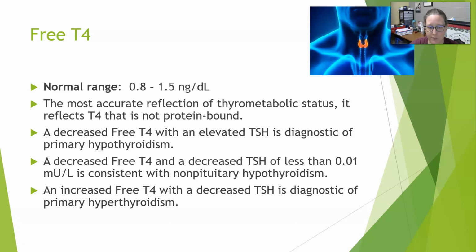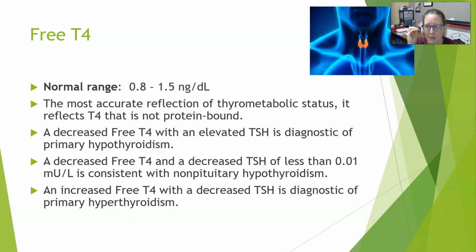A decreased free T4 and a decreased TSH of less than 0.01 milli international units per liter is consistent with what we call non-thyroid hypothyroidism, or sometimes secondary hypothyroidism. It means that because there's not any TSH being produced, maybe the TRH signal is not happening, or maybe there's damage to the pituitary.